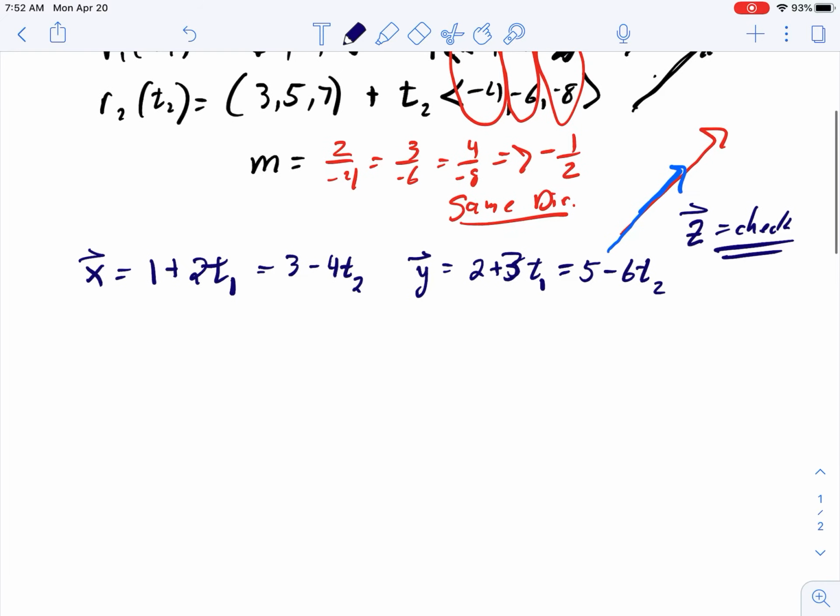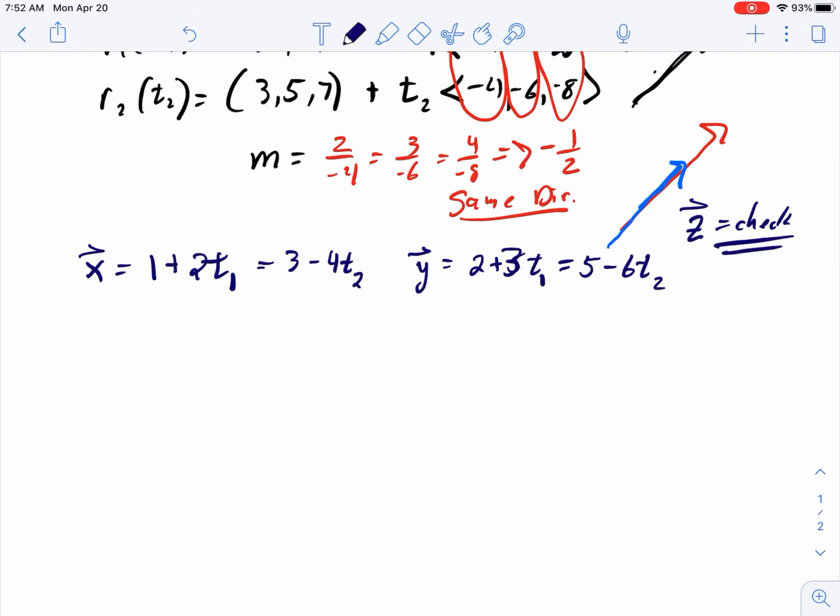Okay, all right, so let's come back to my x component and clean this up. I'm going to have 2t1 plus 4t2 equals 2. On my y component, I'm going to have 3t1 plus 6t2, and that is going to be 3.